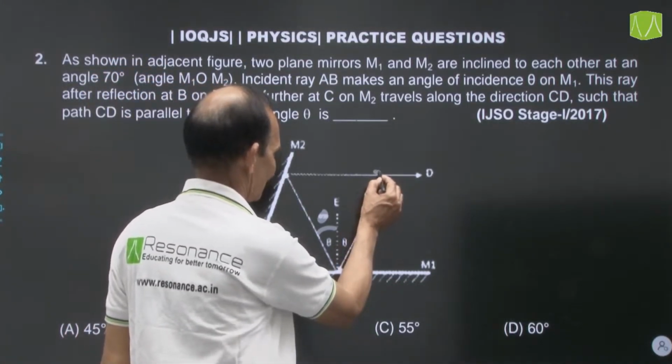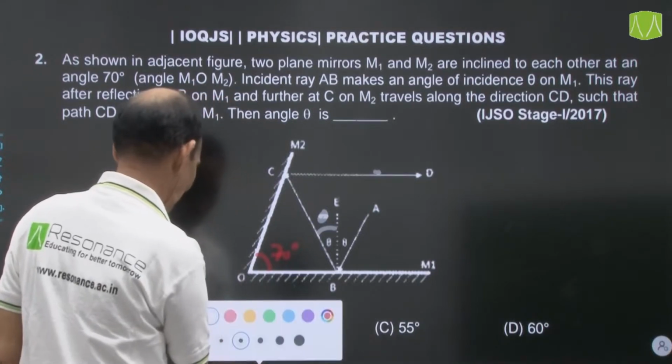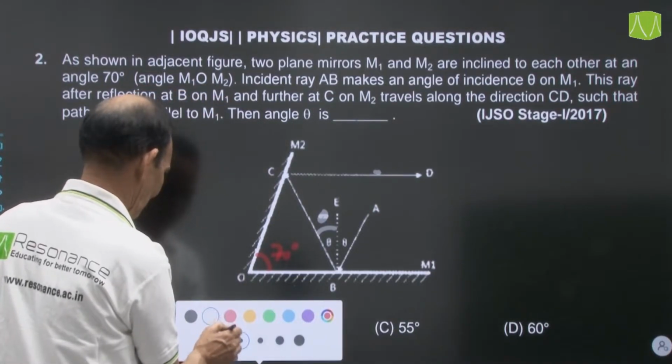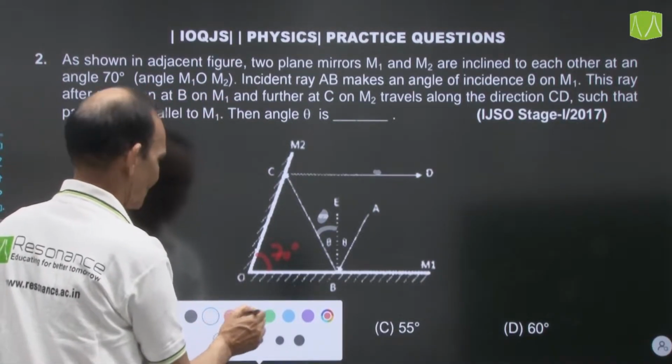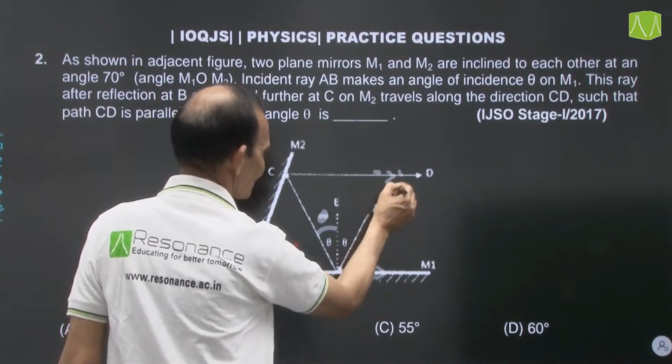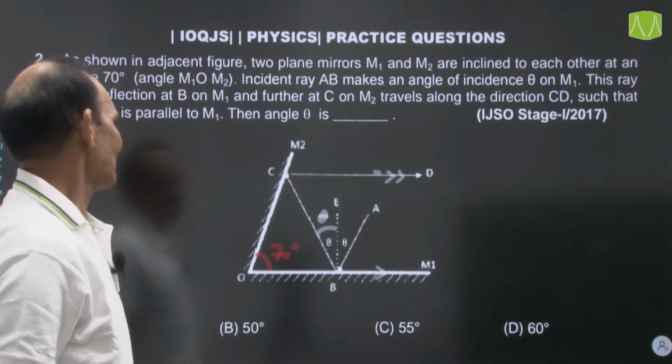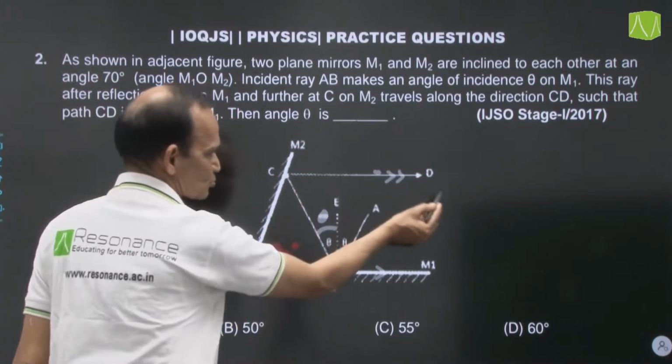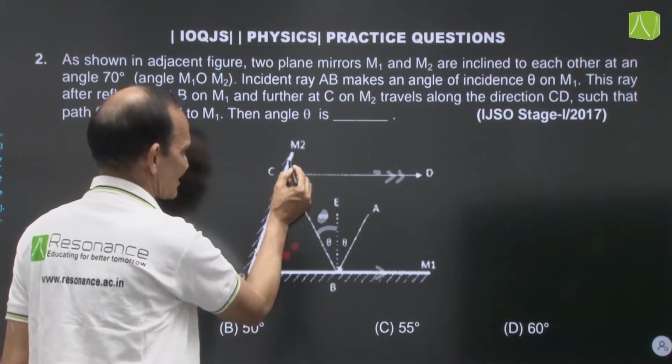These two lines are parallel. So we have to find the angle theta. These two parallel lines, this is the transversal line, so this angle will be 70.